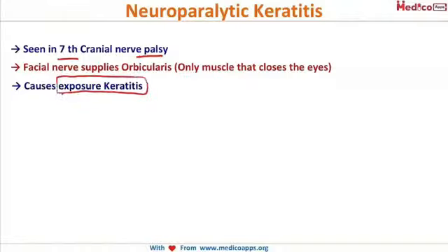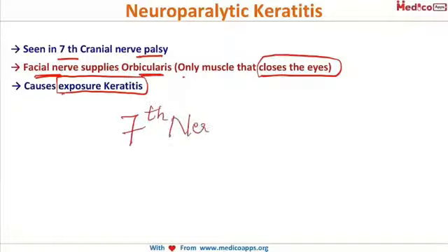The cornea is exposed to the external environment because the facial nerve, the seventh nerve, supplies the orbicularis. We have learnt earlier that orbicularis is the only muscle that closes the eye. So when the lid that closes the eye is paralyzed, obviously the cornea is exposed to the environment, causing exposure keratitis. This is termed neuroparalytic keratitis. It is seventh nerve palsy.